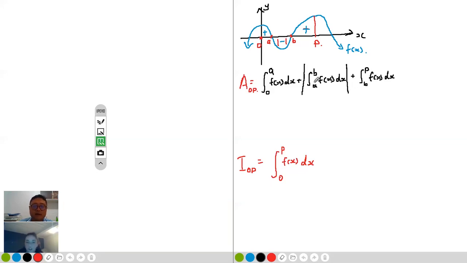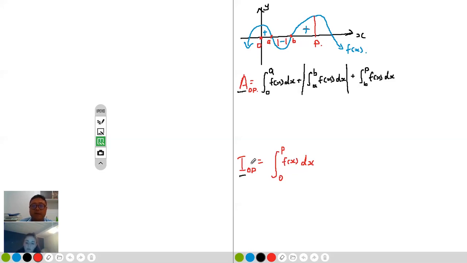So is that clear now what the difference is between area and integral? So you just need to read the question carefully. I would suggest that when you do questions like this, underline the word either area or the word integral. What are they asking for?